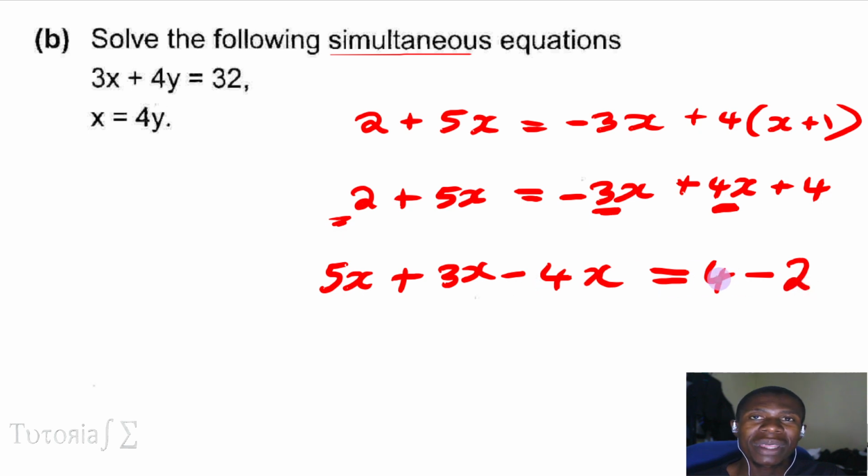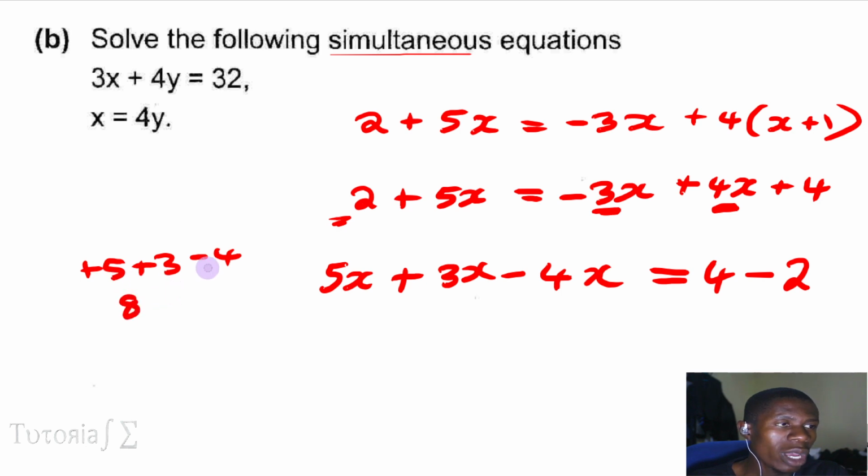After grouping the like terms like that, you add the coefficients. Since this is positive, that's positive 5. This is positive as well, so that will be positive 3. And this is negative, that is negative 4. When you simplify this, 5 plus 3 is 8, and 8 minus 4 will give you 4.